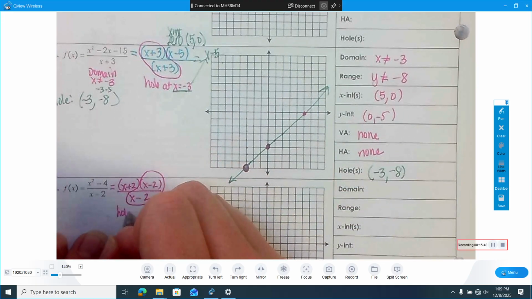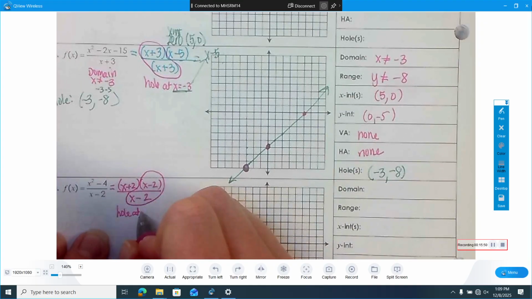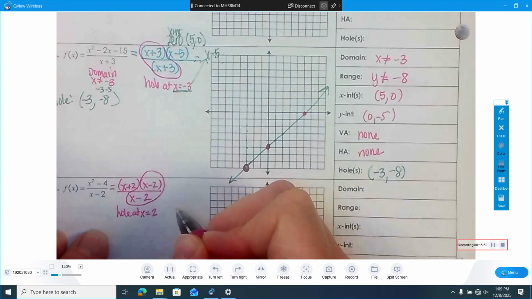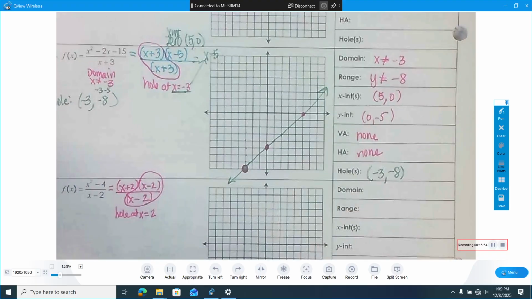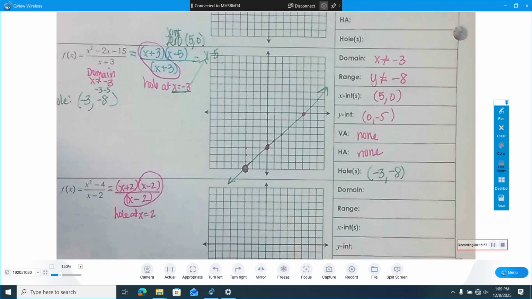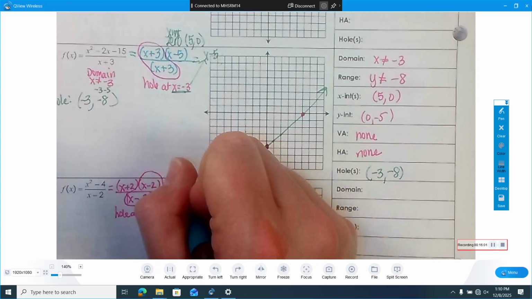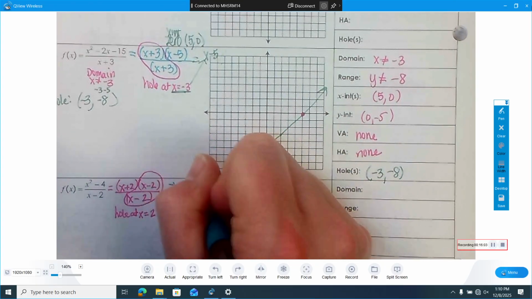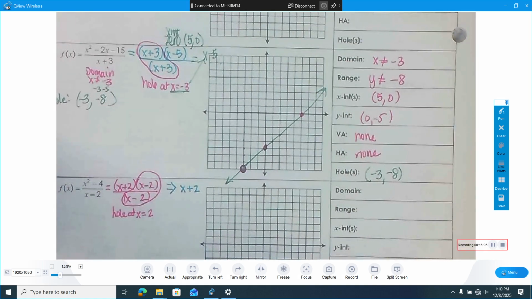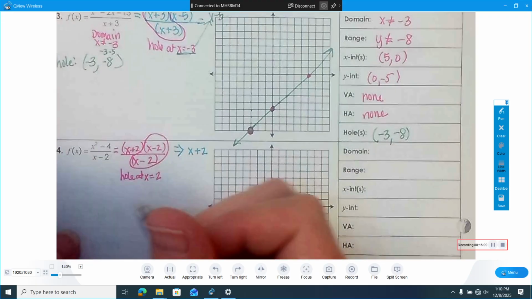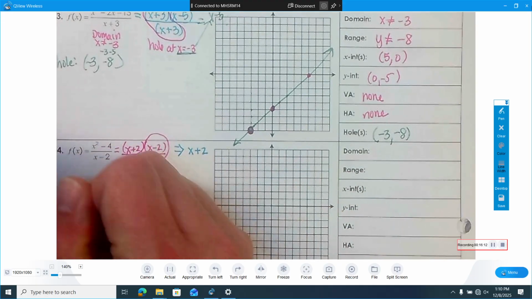A hole at positive 2. All right, so that hole traditionally would reduce, and so we get this simplified function x plus 2. That's what it basically looks like, but we definitely have a hole.